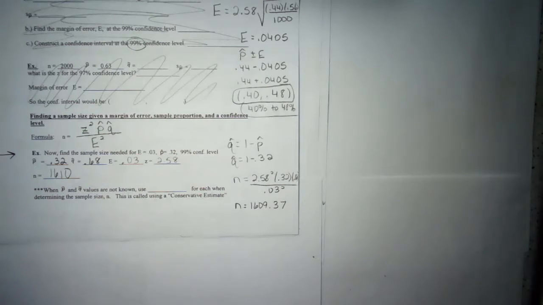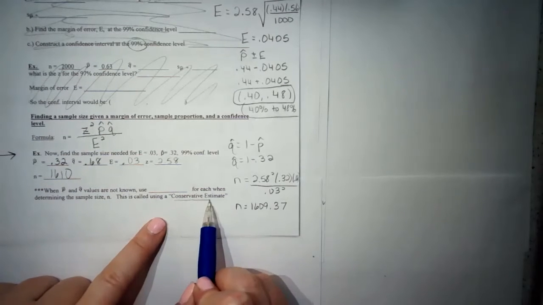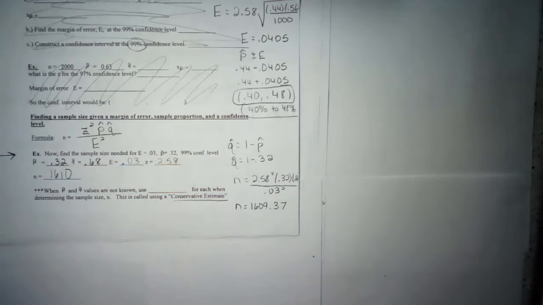Okay. Now sometimes you'll need a sample size, but we don't know p hat and q hat. We really don't know anything. All we know is the margin of error, which we want to keep small, and we'll know the percent of our confidence level, which will give us a z. But other than that, we don't really know anything about our population. So sometimes they'll ask for a conservative estimate.